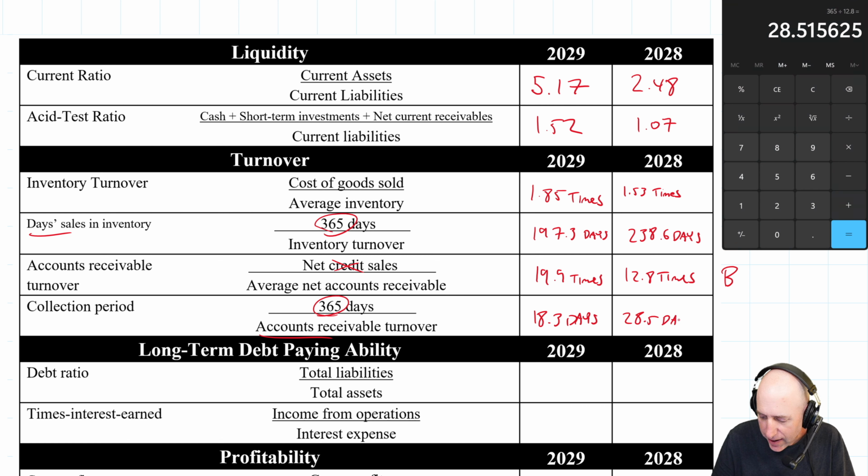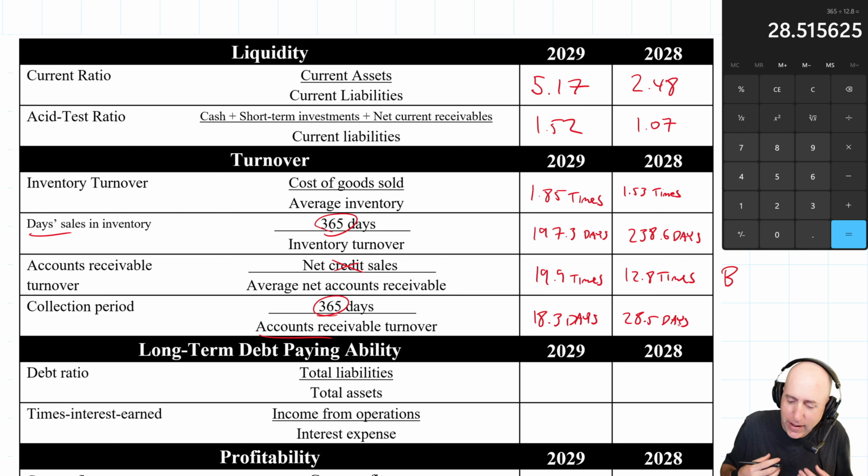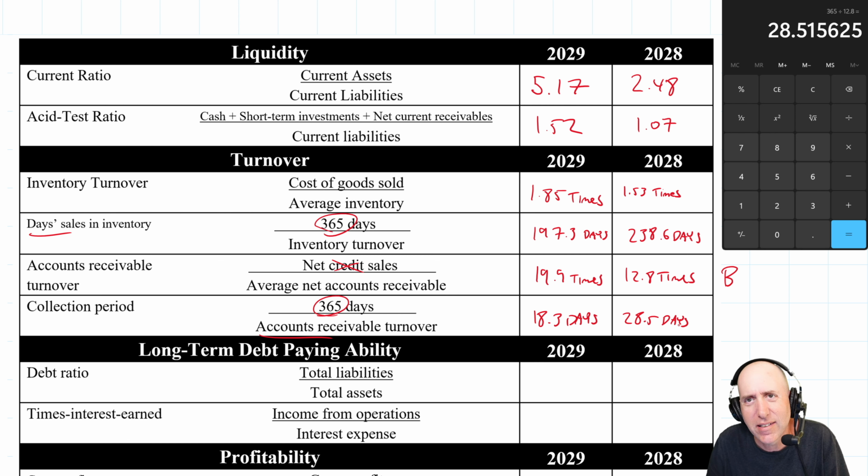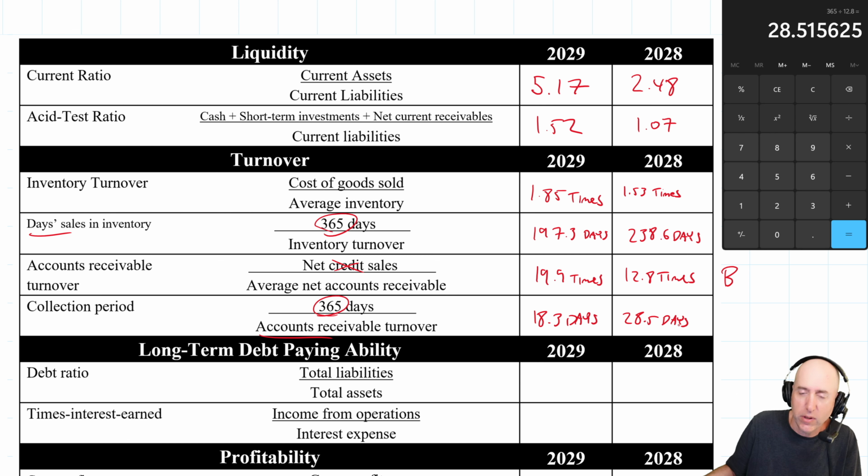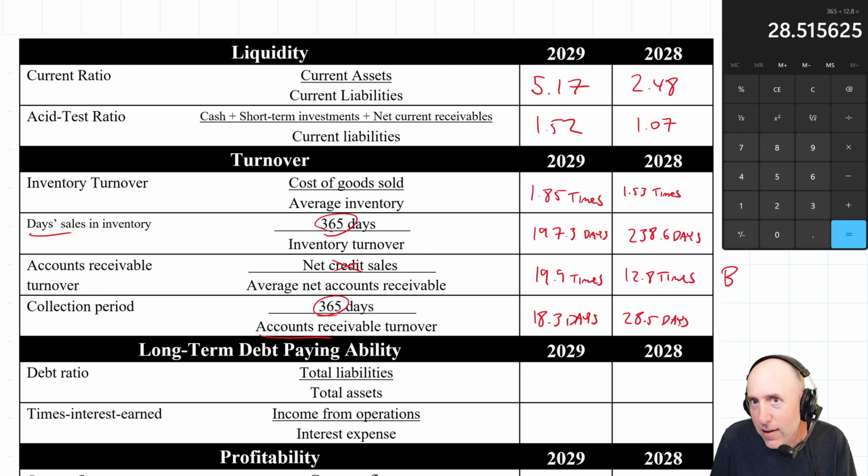I find this ratio speaks to me on human terms, where I say, oh, last year was taking me about 29, let's call it 30 days to collect my receivables. When somebody owed me money, it's taking me 28 days to get paid. This year, it's only taking me 18 days to get paid. You for sure in real life, if you're a company or just a real person, you would rather get paid more quickly. So this is getting better, right? We're collecting more quickly from the people that owe us.